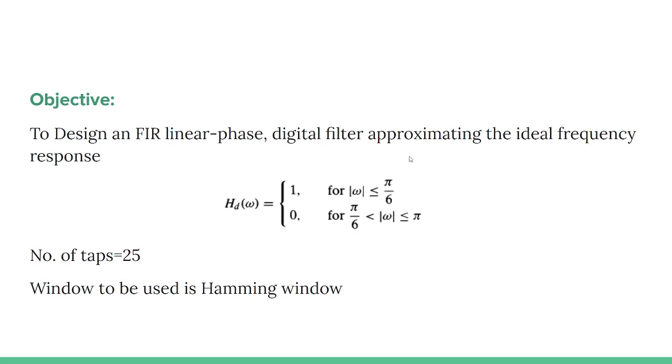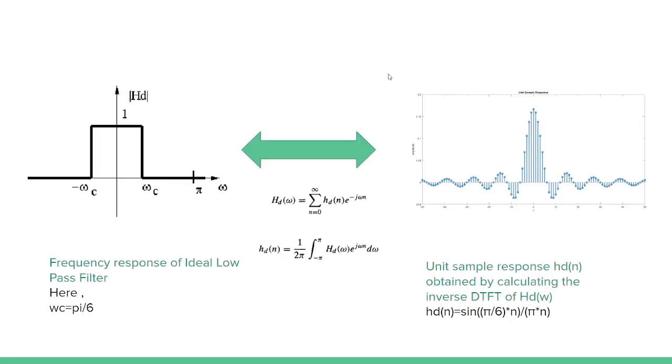Before heading towards the magnitude and phase spectrum of this FIR filter, let us have a look at the designing of the filter. In case we had designed an ideal filter, its frequency response would look something like this, where omega c would be pi by 6.